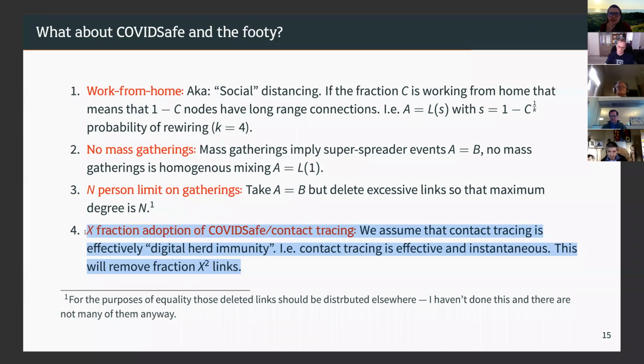If all of that works 100% effectively, then if a fraction x has got the app, we're removing a fraction x squared of our links from the network. So COVID safe is effectively just depleting the edges in the network in this model.